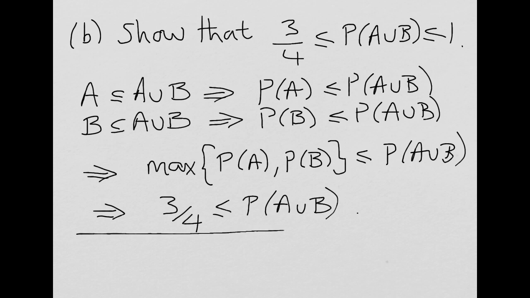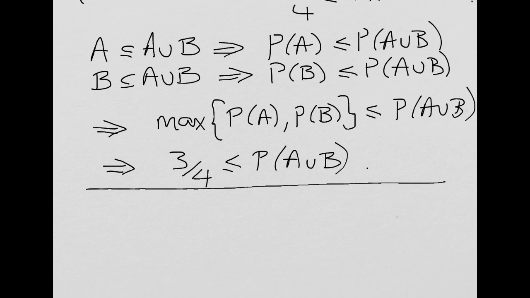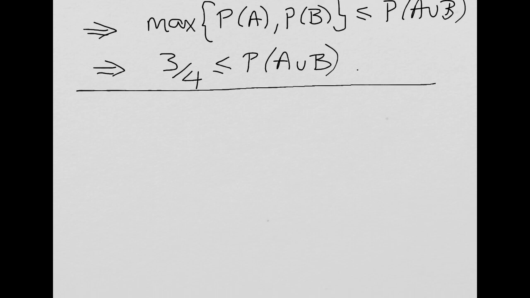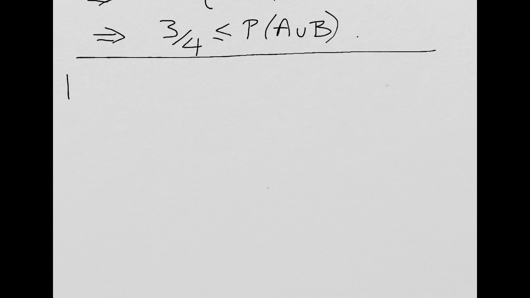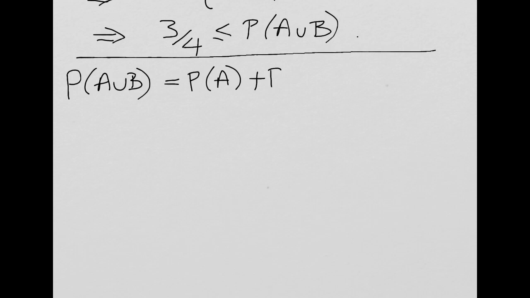Perhaps to adopt a more general approach to this question, let's start again with the addition formula. The probability of A union B is the probability of A plus the probability of B minus the probability of A intersect B. If you consider this right-hand side, we're subtracting something positive, which has the overall effect of reducing the right-hand side.